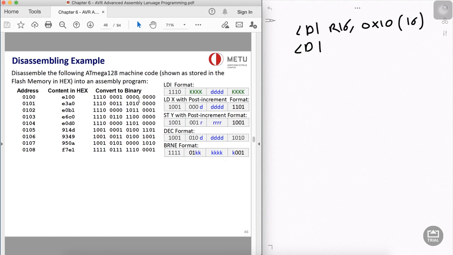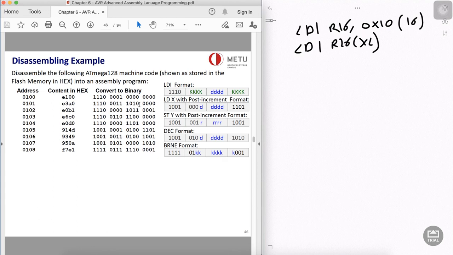So what is that? That's 26, isn't it? Which is R16 plus 10, going to be R26. So what is R26? It's actually register XL.